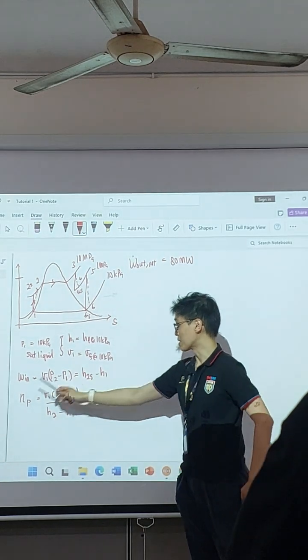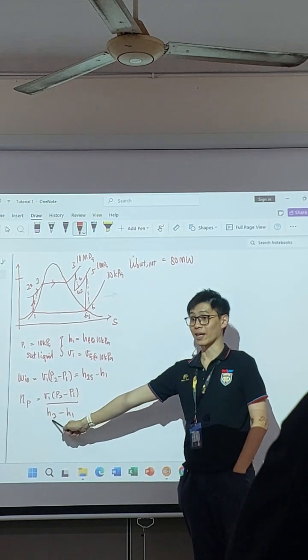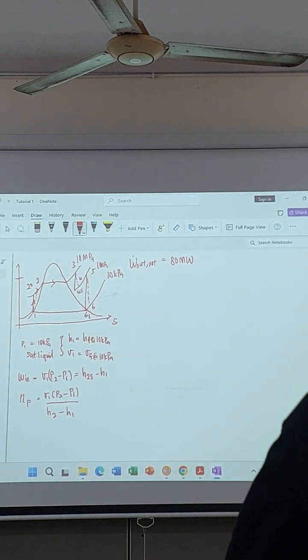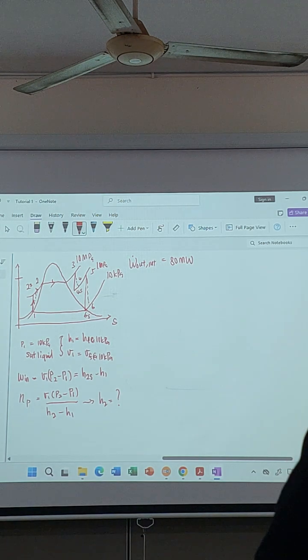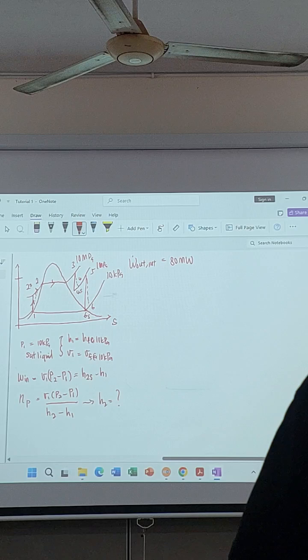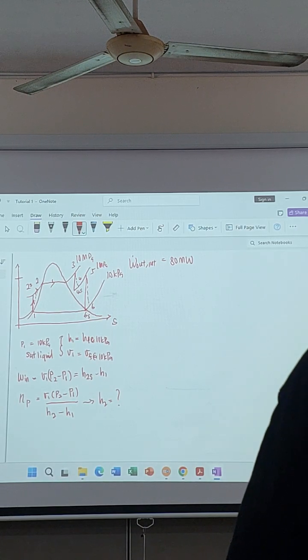If you substitute this equation, you can get H2. So this will give you H2. So we complete this side of the graph.